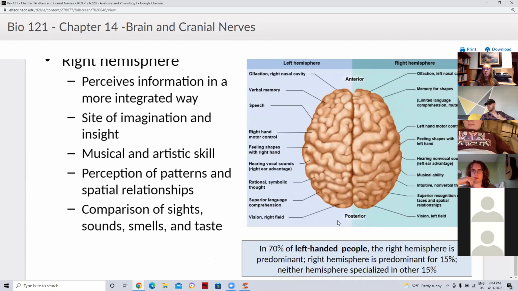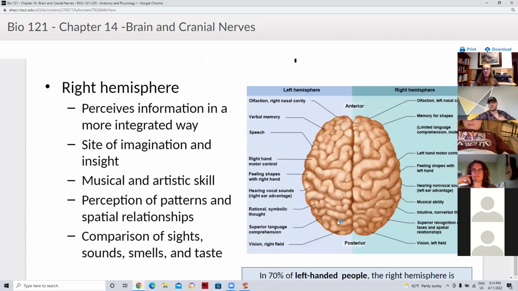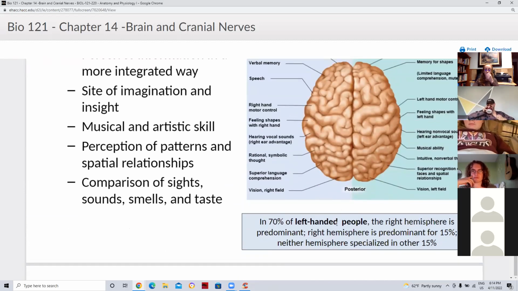And if you're like me, I'm not sure just how much I agree with this. If it's correct, I'm left-handed, and I can say that at one point I had probably a little bit of artistic skill, but it was never really great.